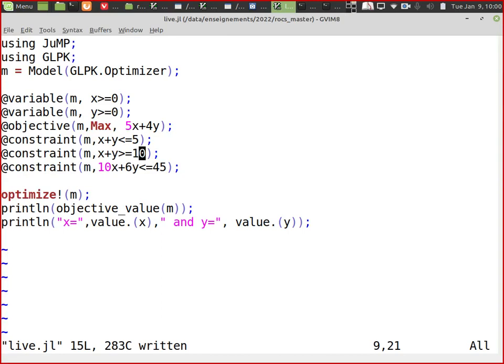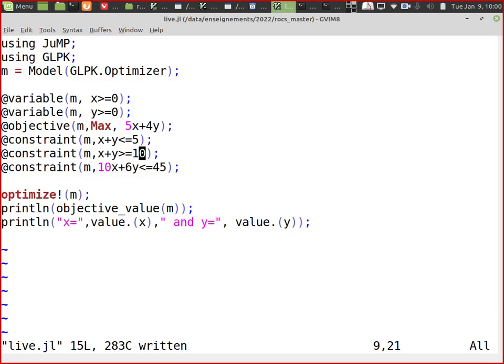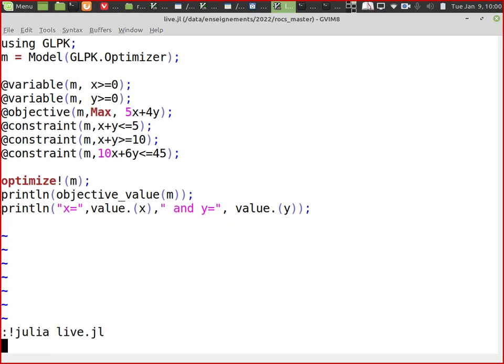Let me see what happened. The problem is, if I change the solver, I will have something correct.